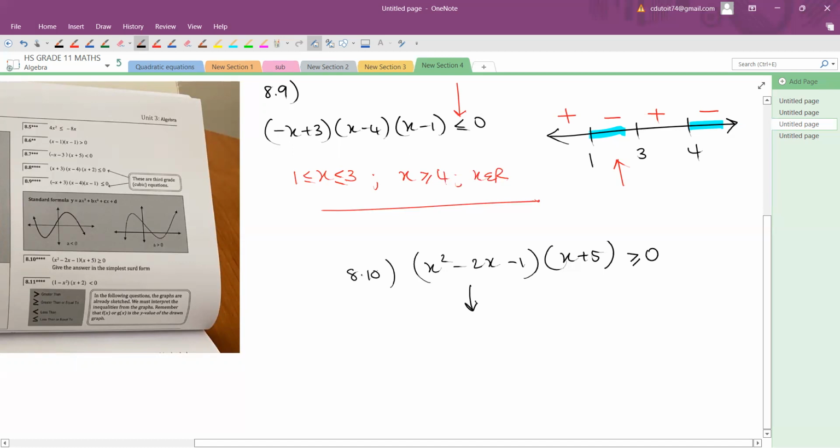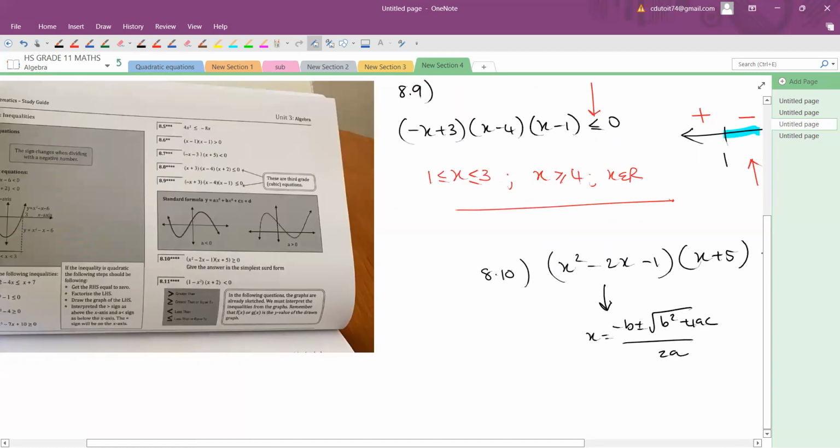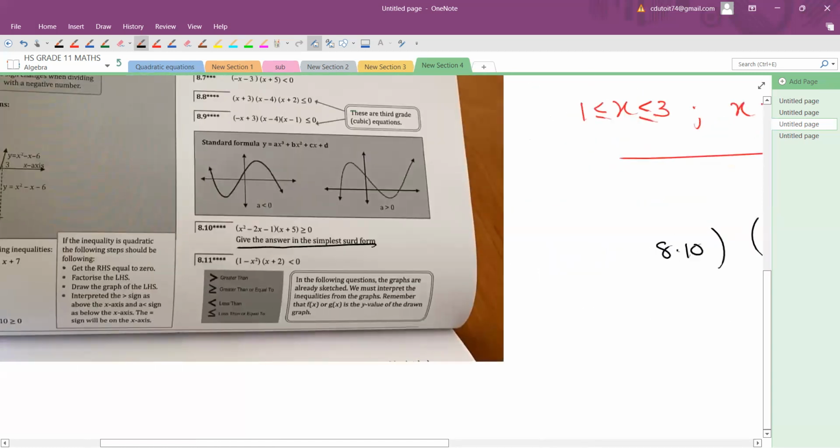And if you can't, then you have to use the formula. Okay. That's difficult. So at least what you know is on your line, there will be a number 5, and the other 2 will be root values. Because they tell you here, give the answer in the simplest surd form.